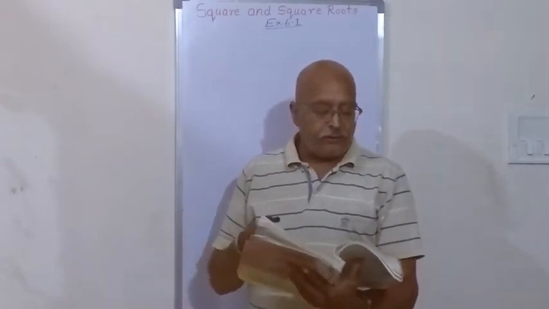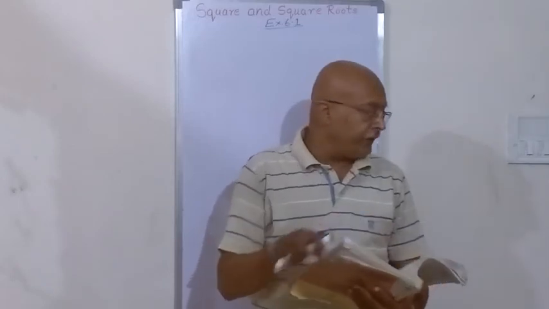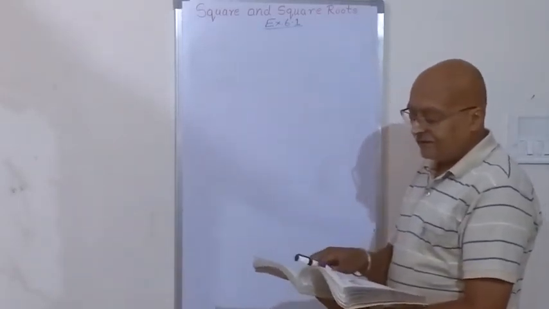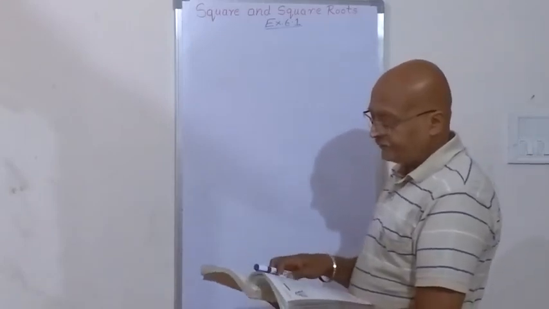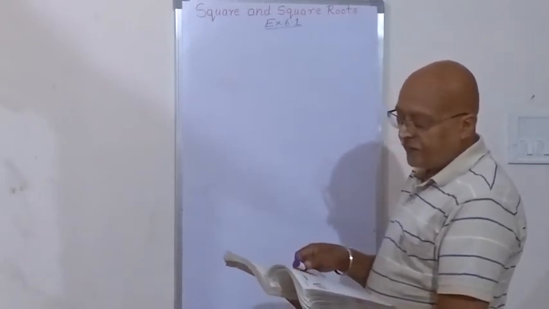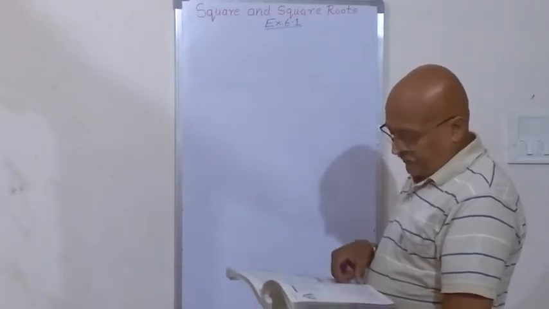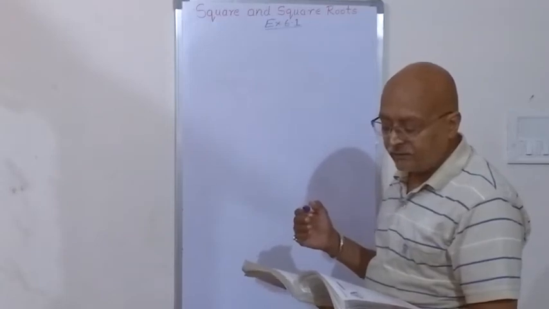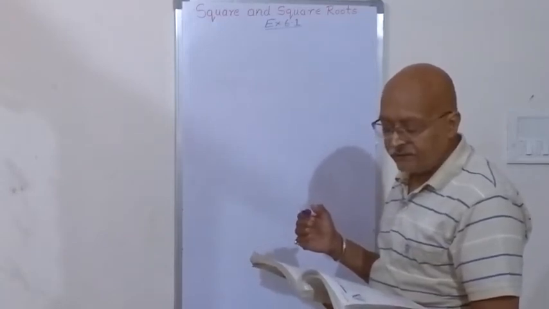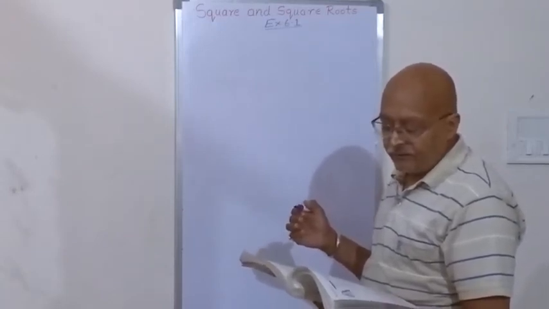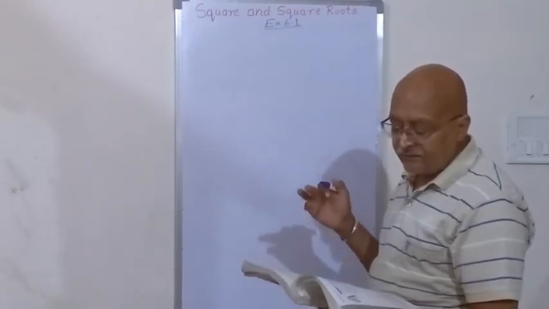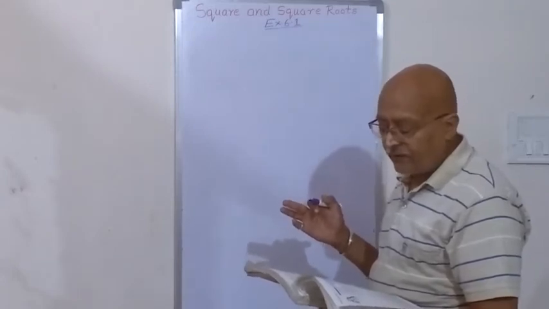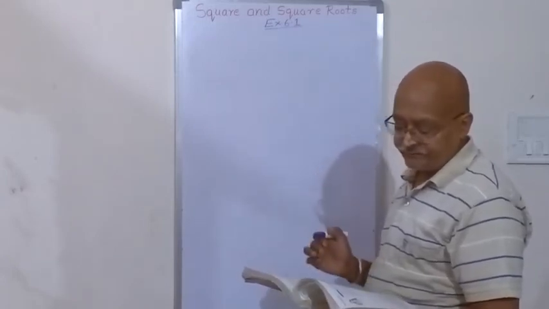Now, here we are going to solve the first exercise, that is 6.1. In the first part, 6.1, first, what will be the unit digit of the square of the following numbers? Now they are asking the unit digit of the square of the following numbers.